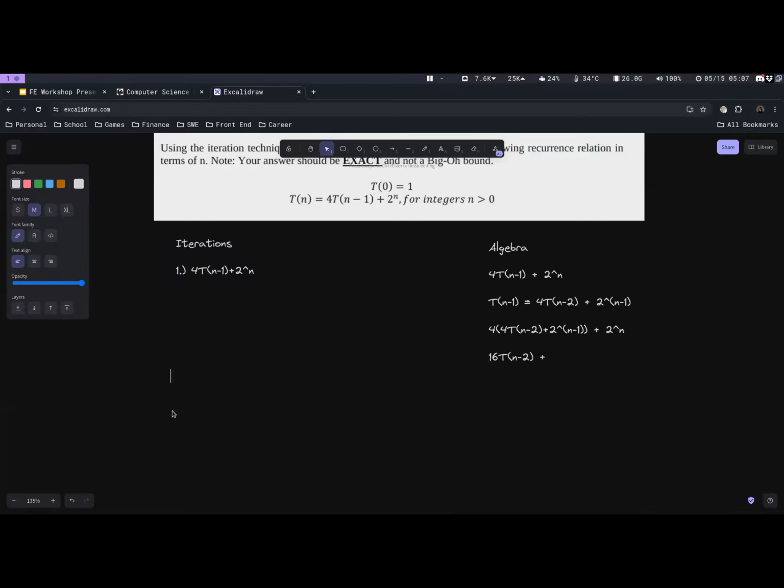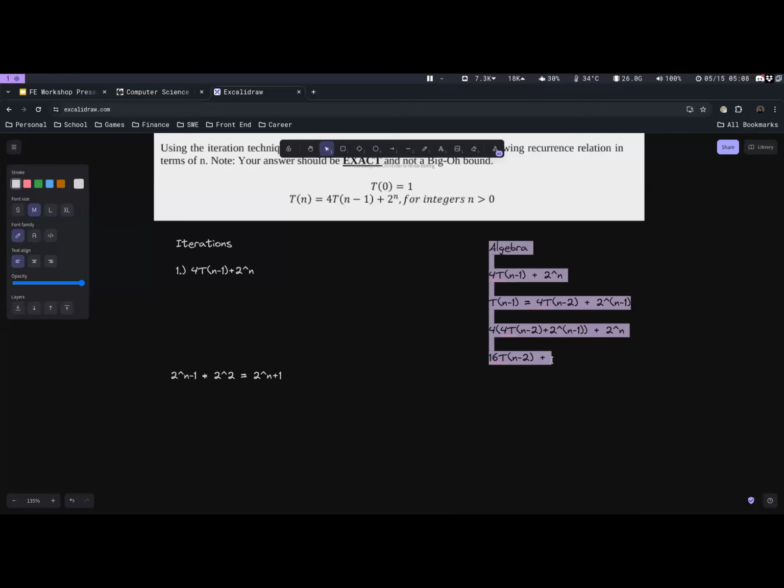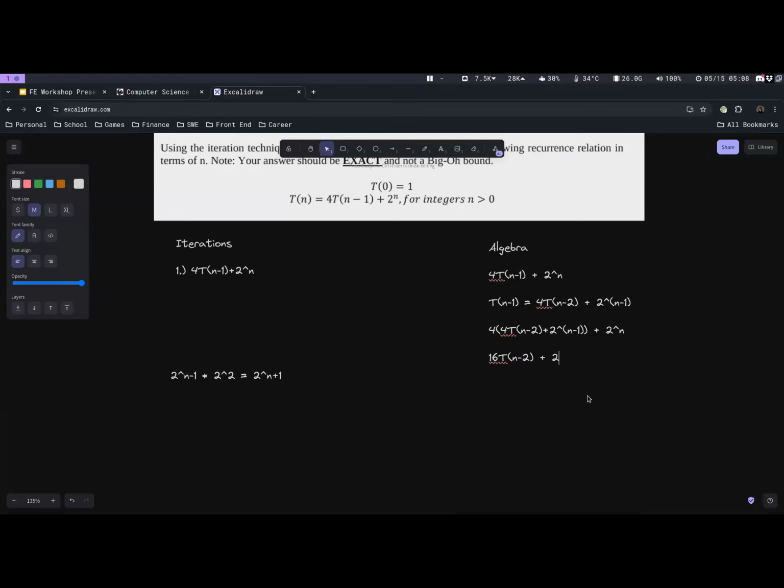So if we're thinking about it this way, we're multiplying 2 to the n minus 1 by 4. Now, we know that 4 is really just 2 to the 2, correct? So this is going to equal 2 to the power of n minus 1 plus 2. And what does that equal? Well, that's just n plus 1. So I'm going to put that in as 2 to the n plus 1 plus 2 to the n.